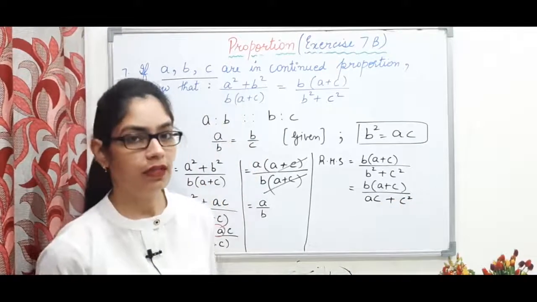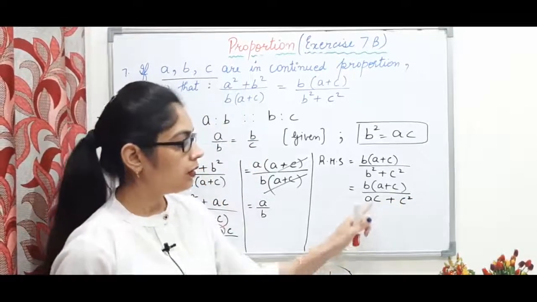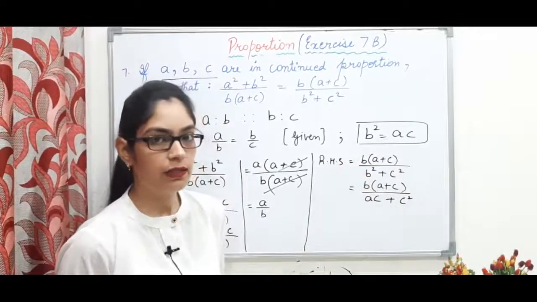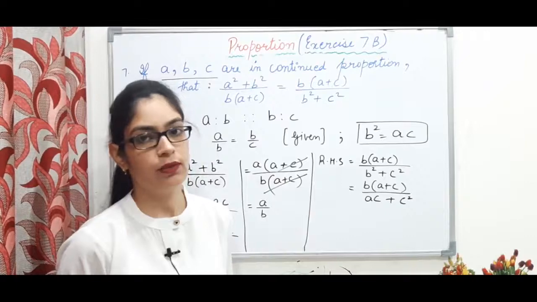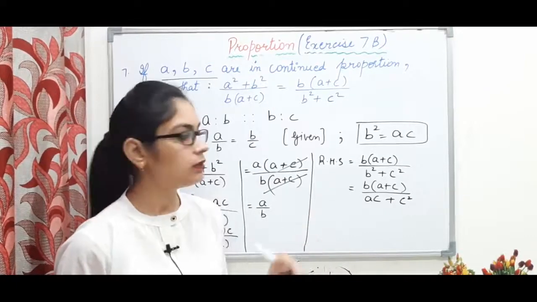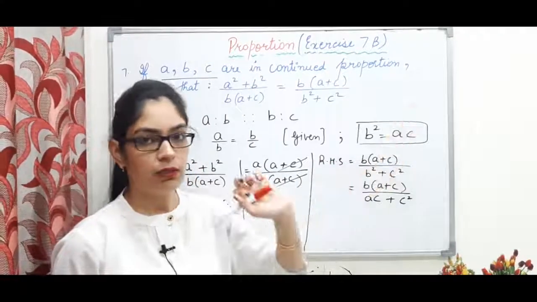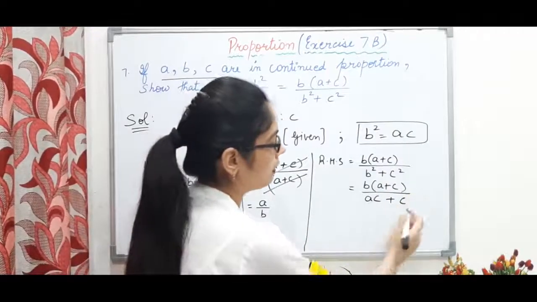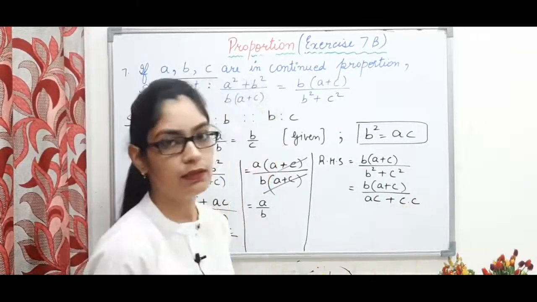If it is in this form, we cannot take out anything common and cannot solve it further. So whatever is given to us, b square is ac, we will make use of this to solve. c square means c into c, so I will write it in this way.